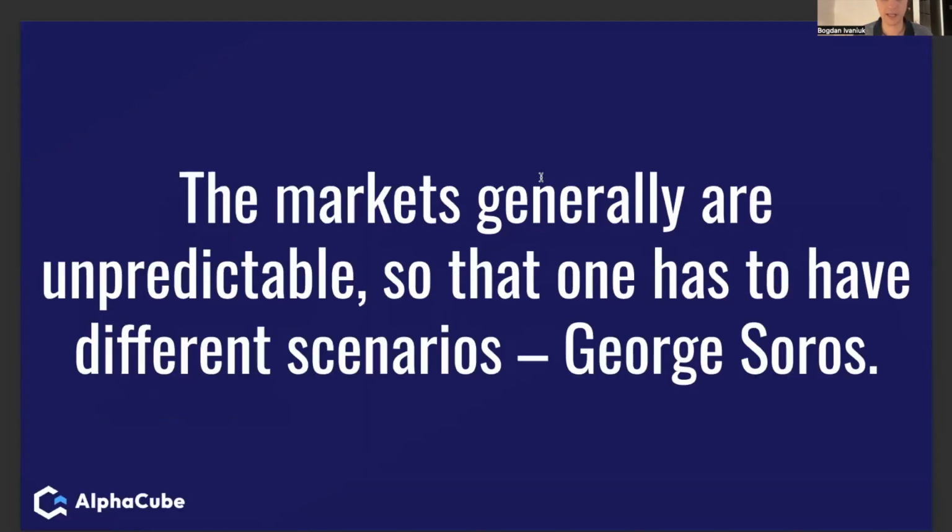As George Soros said, markets are generally unpredictable, so you always need different scenarios. Markets go by different scenarios, and you need to cover all of them. If you create just one single strategy or trade manually by one specific idea, it will probably not be good.